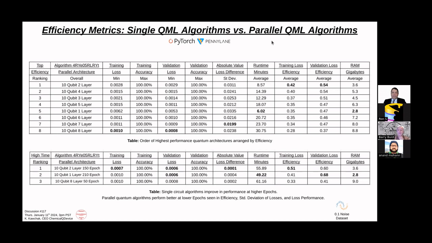You'll see that a lot with the single circuits, throughout, whether it's a single epoch run or 50 epochs, that's typically a bigger value, meaning the loss between training and validation is wider, which is not preferred, especially if you're trying to build onto an algorithm, like you have an embedding and then you're building on with rotational gates or whatever gates you want to use.